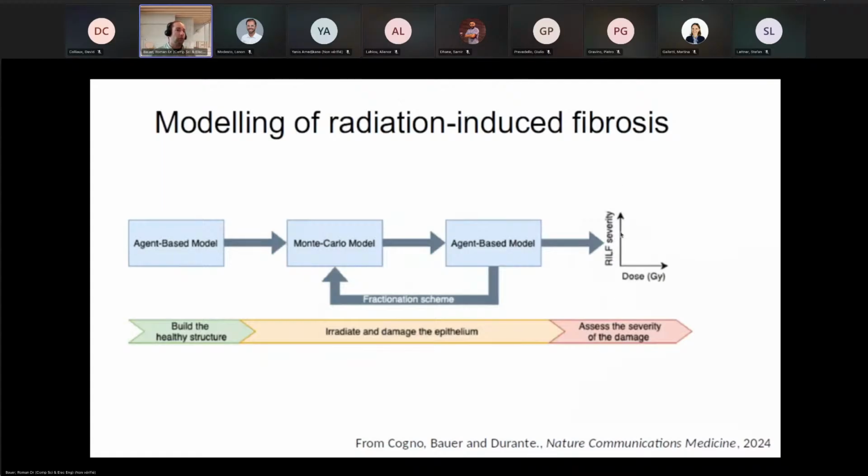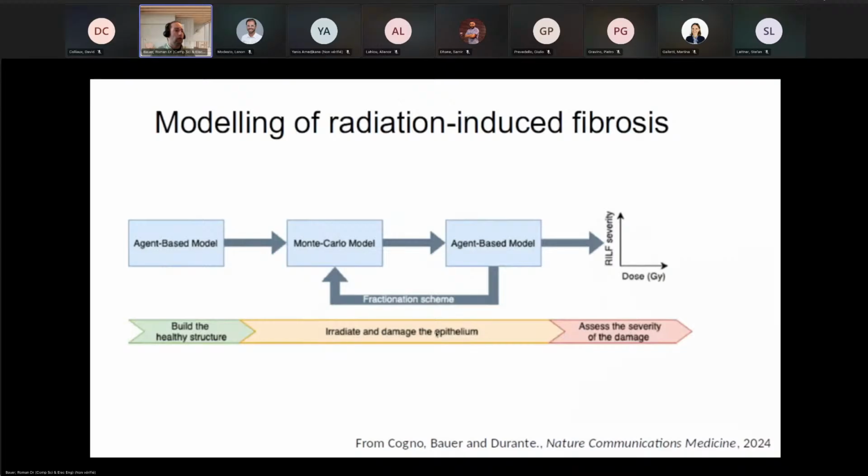So this is something we want to minimize, of course, as long as we have an impact on the cancer. And so this is the overall process, or the overall kind of in silico approach. It's not only agent-based modeling, but one of the big advantages of agent-based modeling is also that it allows to be combined with other models, like in this case Monte Carlo modeling.